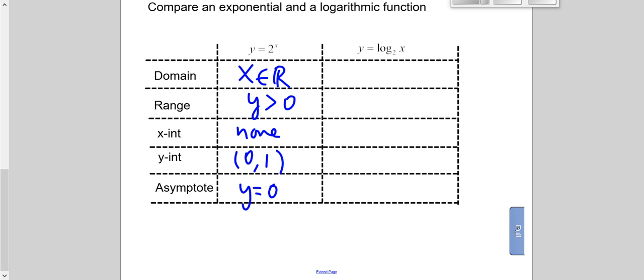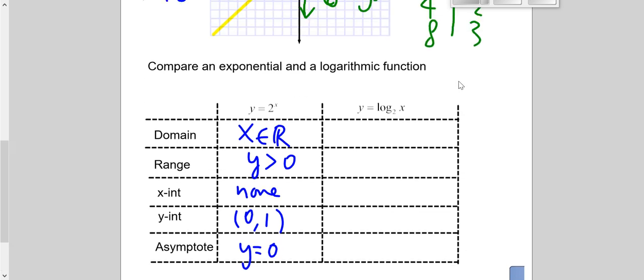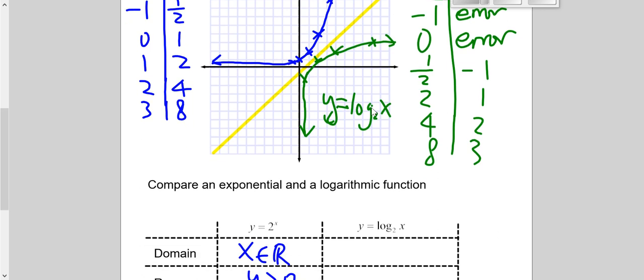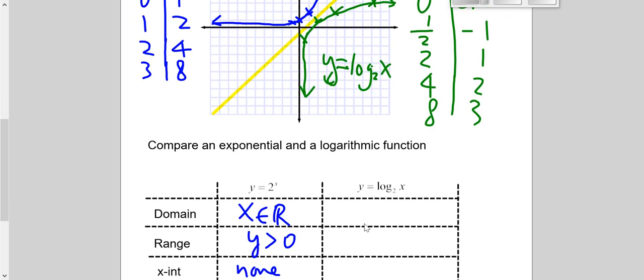Okay, so let's look at the green graph. The new stuff, the logarithmic function. Domain: this green one would never be touching the y-axis. So x has to be greater than 0.